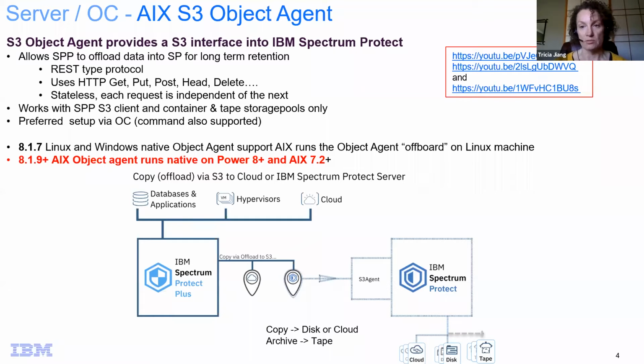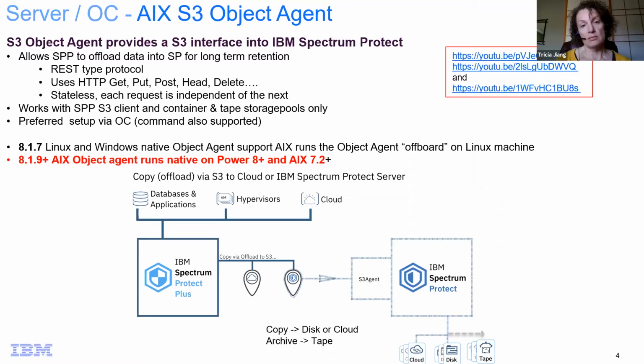for the Spectrum Protect server. Well, what does that mean? Spectrum Protect server has to be able to speak S3. It's a new language to us. And so we need this interpreter to be able to translate the S3 data into a format where we can correctly store it and track it.